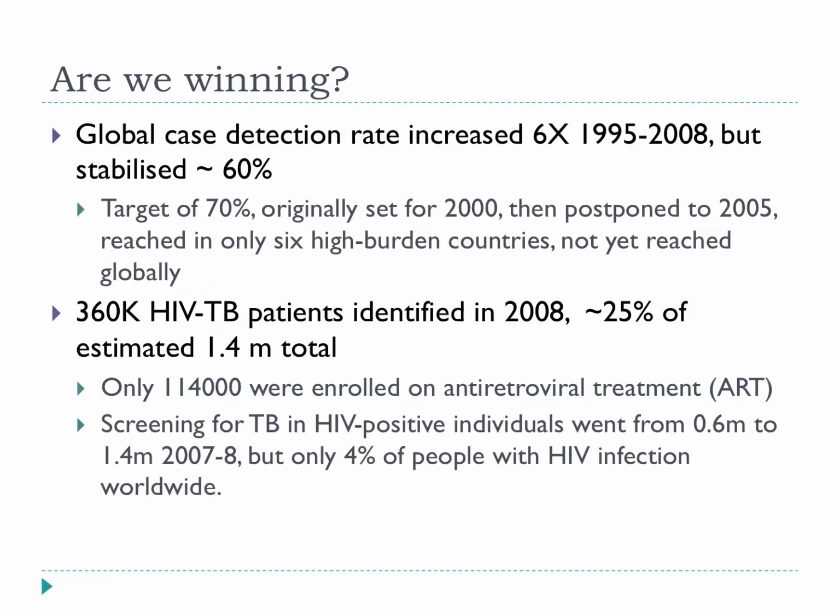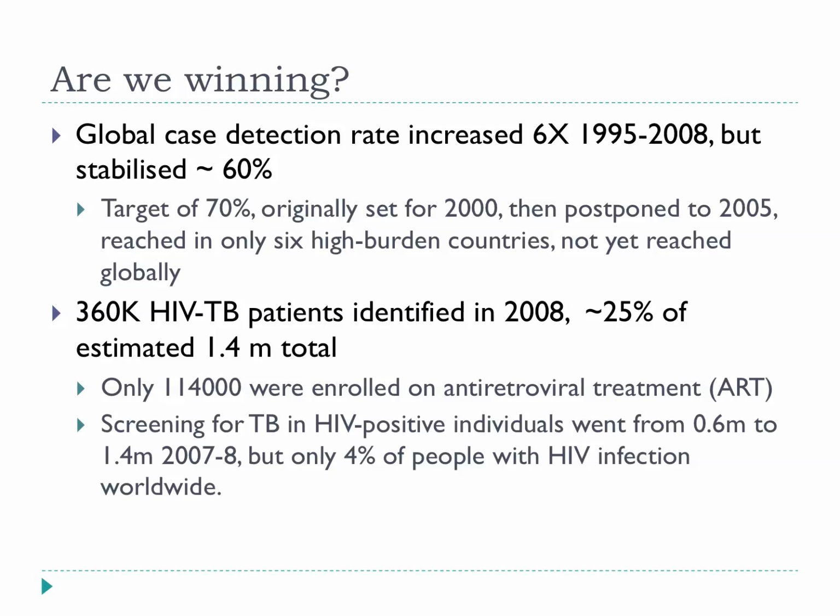Global case detection rate increased 6-fold, but it's stabilised at around 60% of cases actually detected by doctors in the healthcare system. A target of 70% was set, but it has been postponed and not yet reached globally. So there's still too many patients out there coughing away with tuberculosis that nobody knows about.